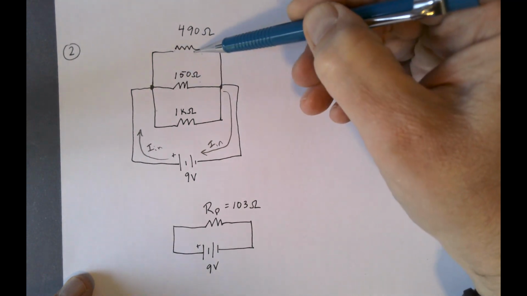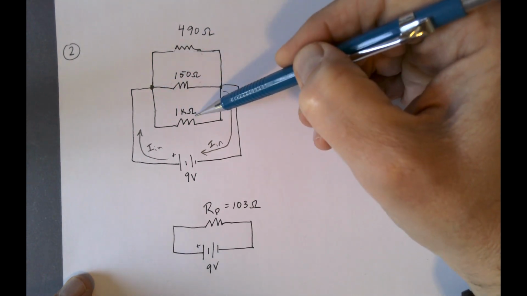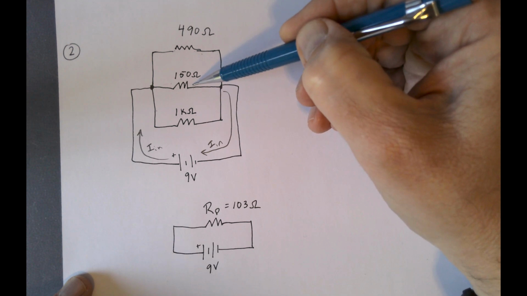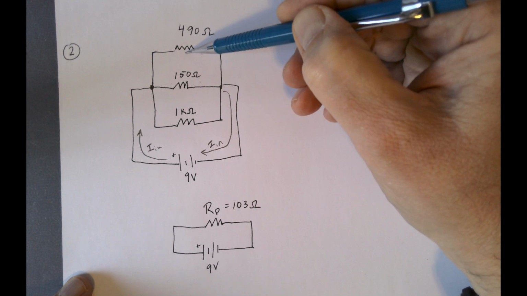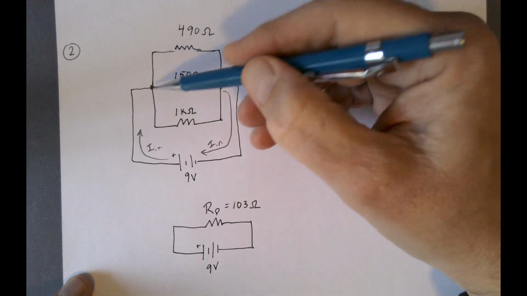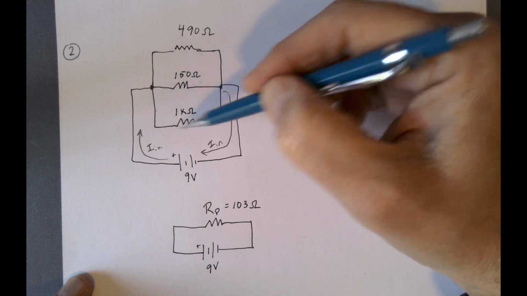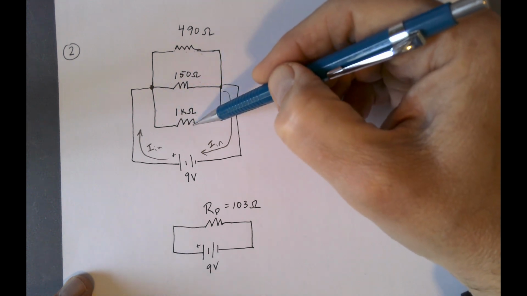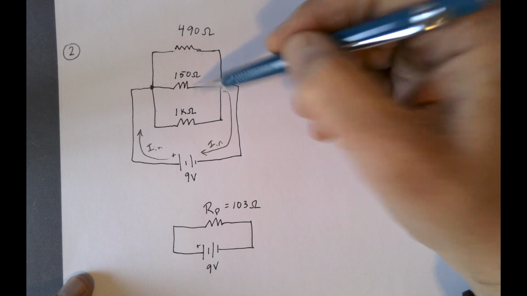Some will go through the 490 and some will go through the 1K. More will go through 150 than the others, then the second most will be the 490, and the least number of electrons will be through the 1,000. Yet there will be trillions of electrons that travel even through the 1,000. There will just be more that travel through the 150.